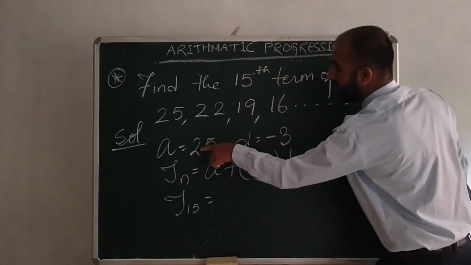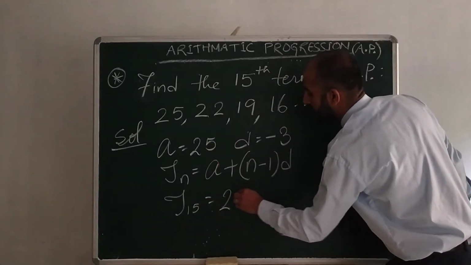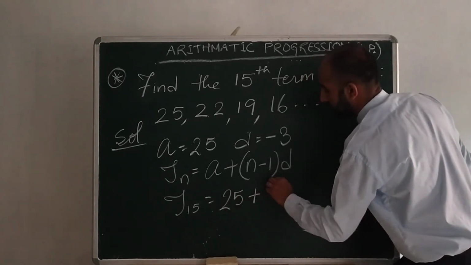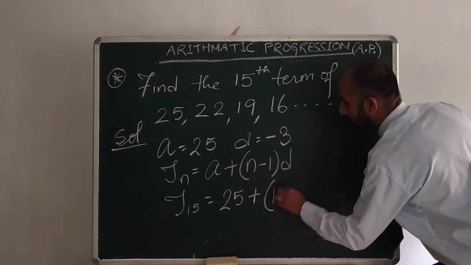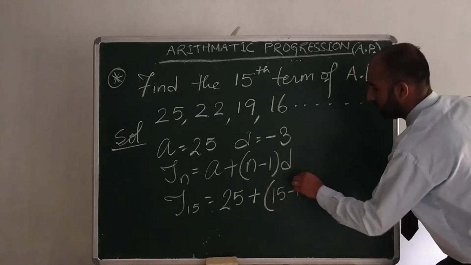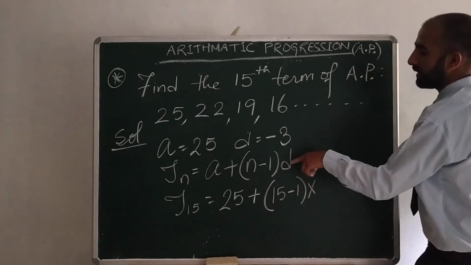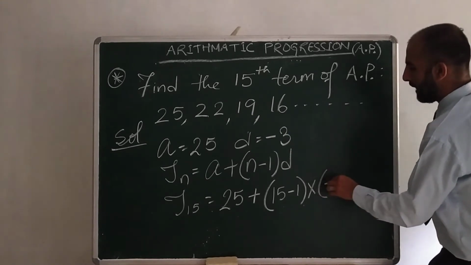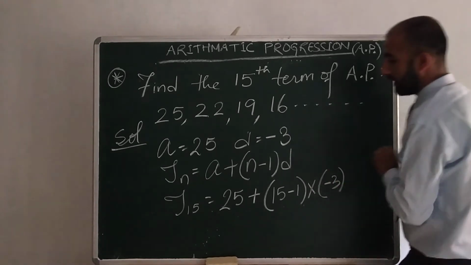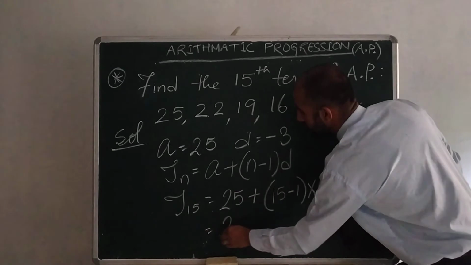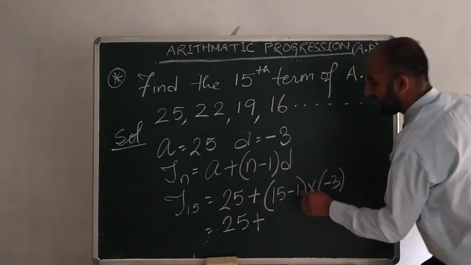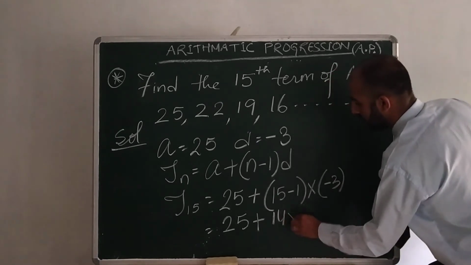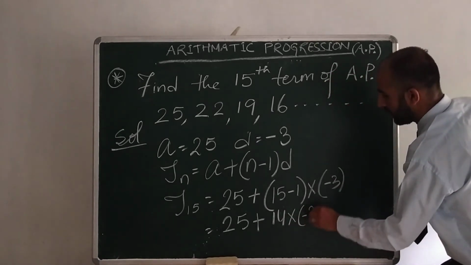Okay, let's put the value of A. A means 25 plus n. n is 15 minus 1 into, we have got a negative common difference, that is minus 3. Okay, so 25 plus 15 minus 1, that is 14 into minus 3.